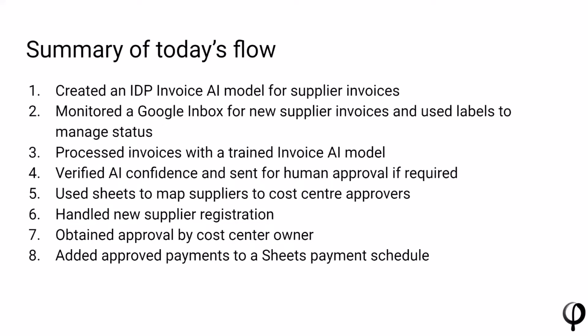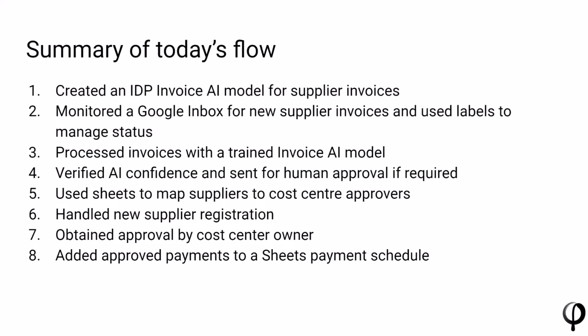Using the AI model in the flow, we're able to extract the information that we needed. I used the AI confidence level to make sure that the information was retrieved from the document with a high confidence level, and if it wasn't, I sent that off to get verified by a human. I used sheets to map the suppliers to cost centers and handled the registration of new suppliers if it was a new invoice we hadn't received before.